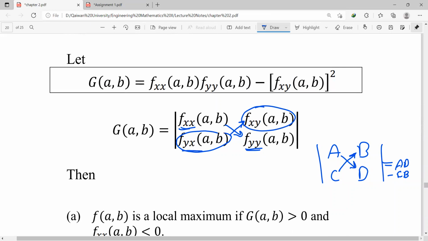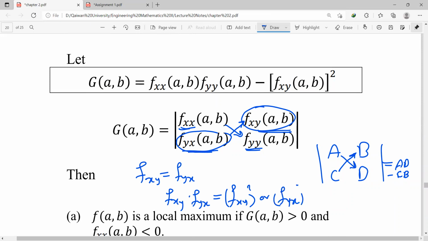So if these two are equal, the multiplication of these two equals f sub xy squared or f sub yx squared. You can take only one of them and then square it.